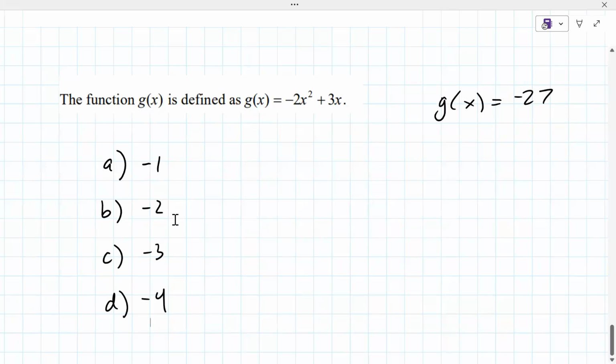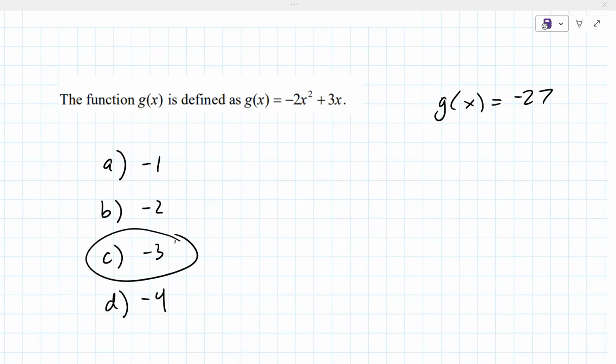You could try the answers or you could try solving. -3. It is -3.